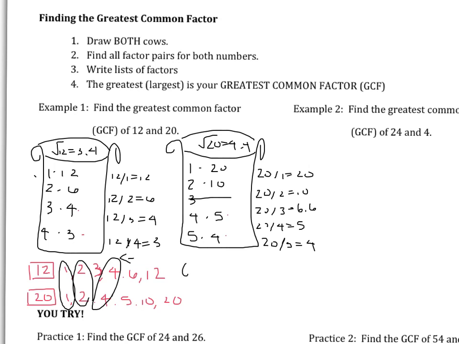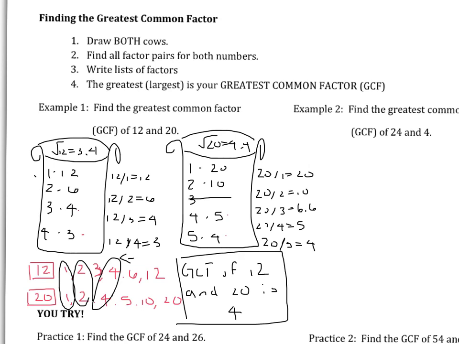So we can say that the GCF of 12 and 20 is 4, and that is our answer. Okay, so it's very similar to finding factors, except now you're finding two factors. Making two factor trees and finding what they have in common.